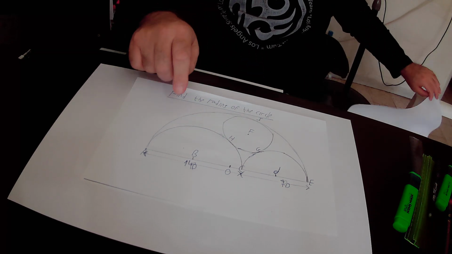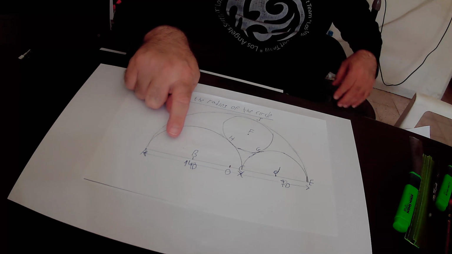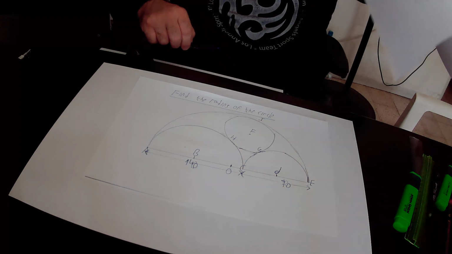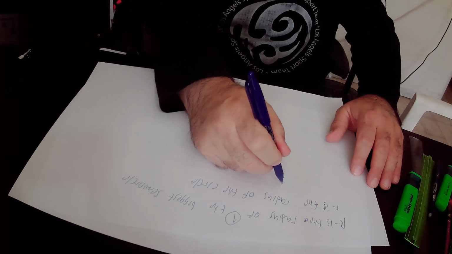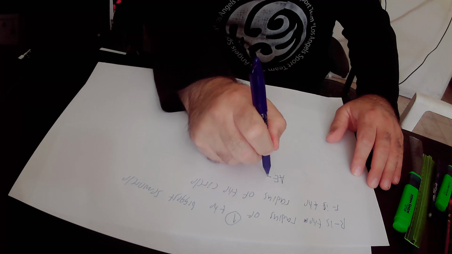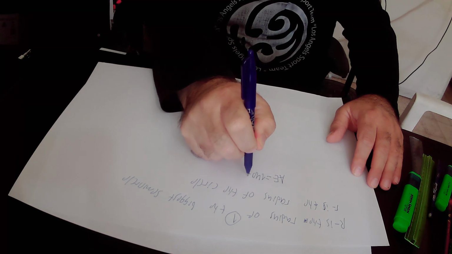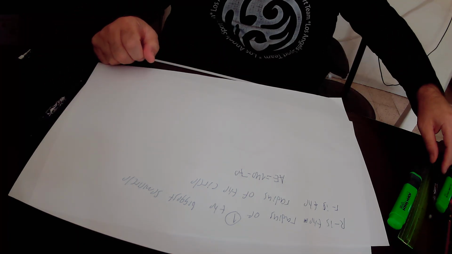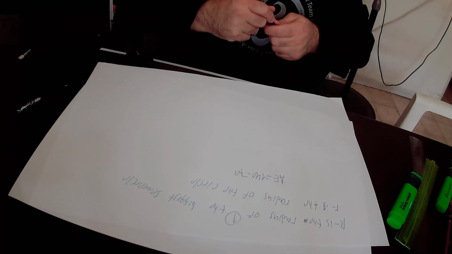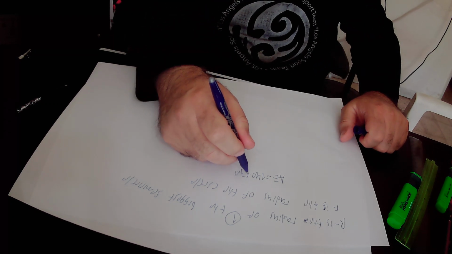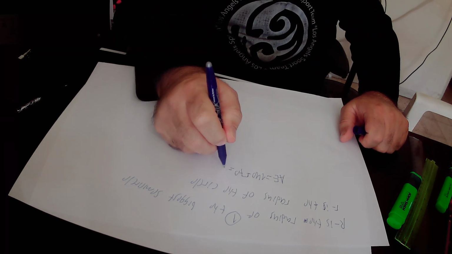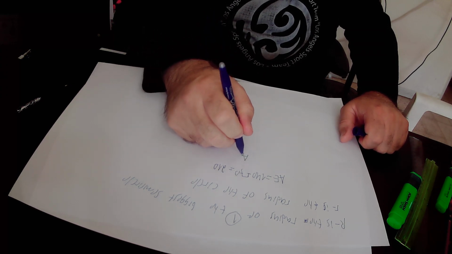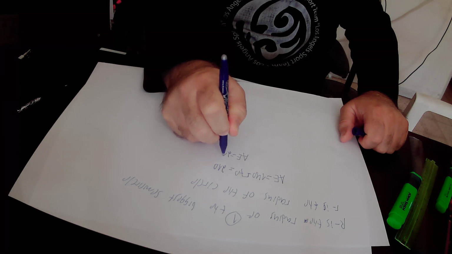That is to say, AE equals 140 units plus 70 units, which is 210 units. AE equals 210 units.